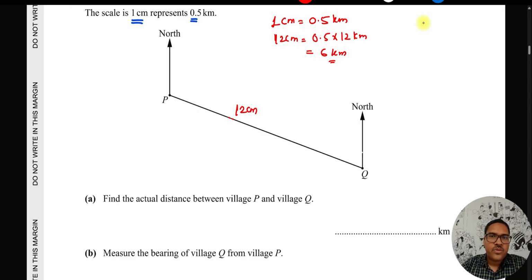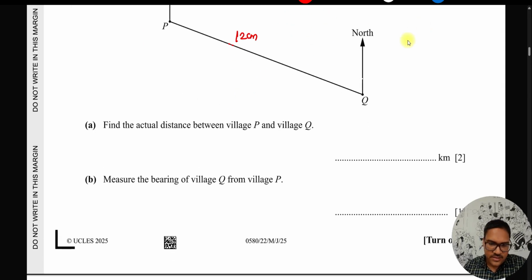The answer key says 4.4 to 4.6 is acceptable. If you measure the distance, 8.8 centimeters to 9.2 centimeters is acceptable, and if you multiply with 0.5, you will find this. I hope this method is clear for how to solve this type of question.